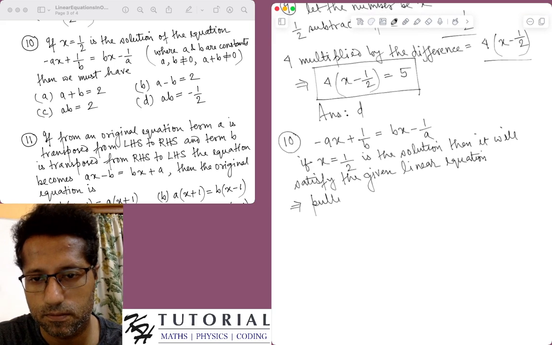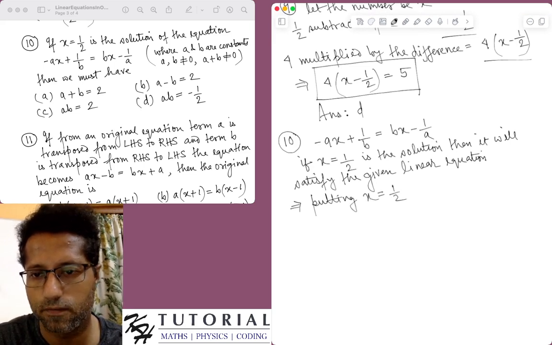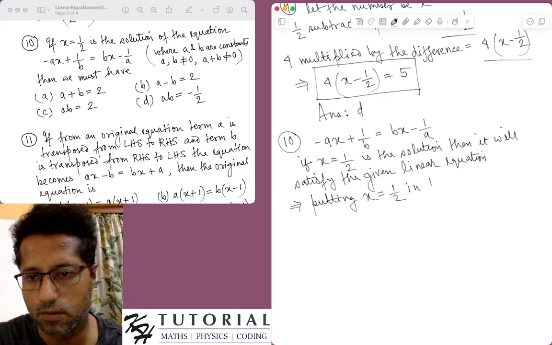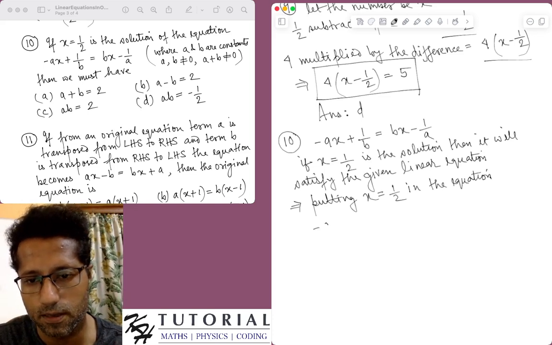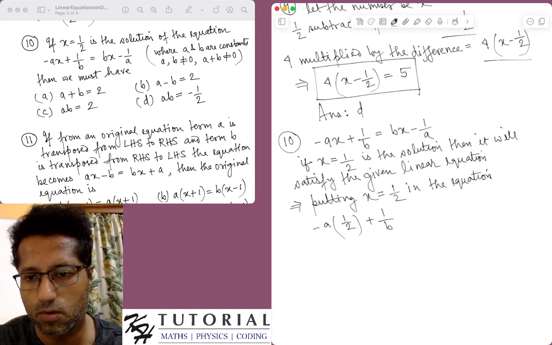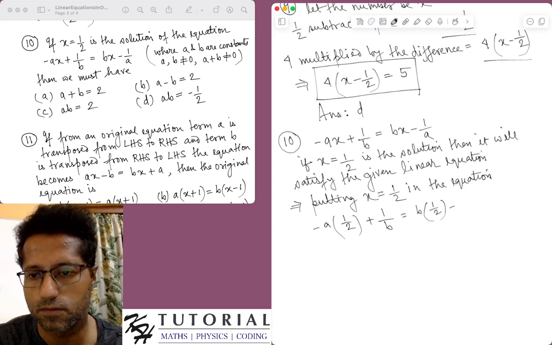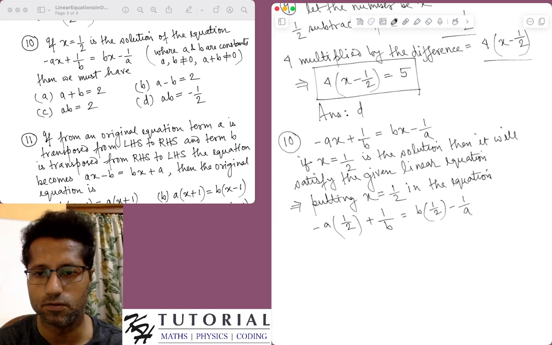Putting x equals half in the equation, we get minus a into half plus 1 by b equals b into half minus 1 by a. So we got this relation.